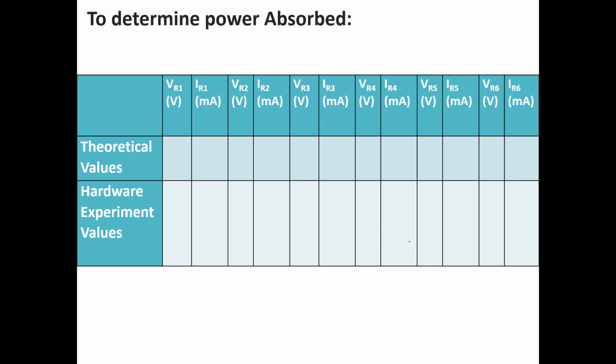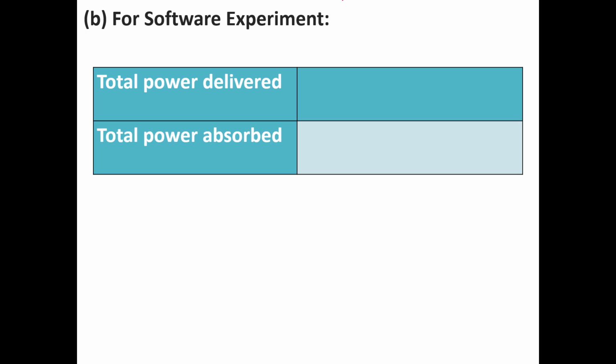After copying down this observation table for determining the power absorbed and power delivered for the hardware experiment, let us go for the software experiment. For software, there is no need to note down the voltages and currents as we have done for the hardware. You can do that also, but I have simplified it.